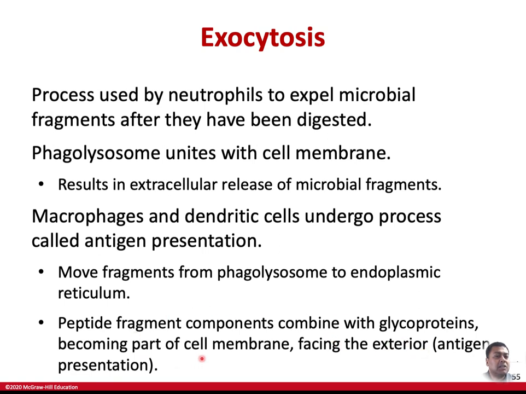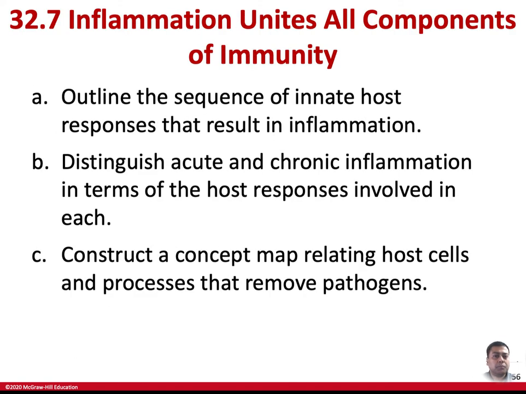And this is presented by the major histocompatibility complex, or MHCs, that we are going to talk about in the next chapter. This helps the presentation of the antigen to other immune cells to alert the immune system to recognize that a pathogen invasion has taken place and to alert the adaptive immune response.